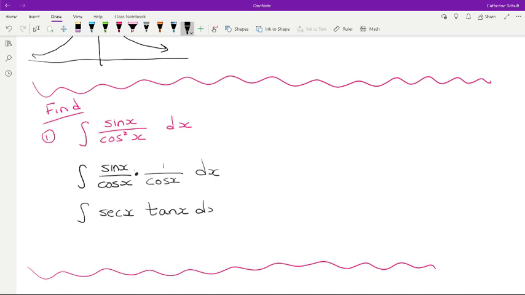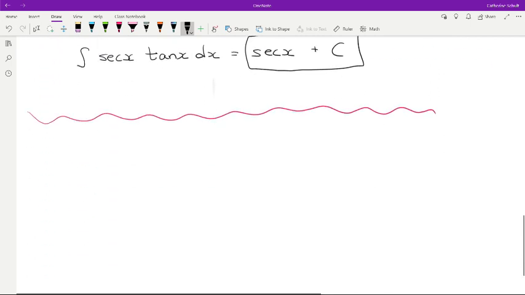And we know that the antiderivative of secant tangent is the secant, because the derivative of the secant is secant tangent. So there you go. Just a little example of how we're going to have to do these manipulations. All right, so let's see how you guys do.